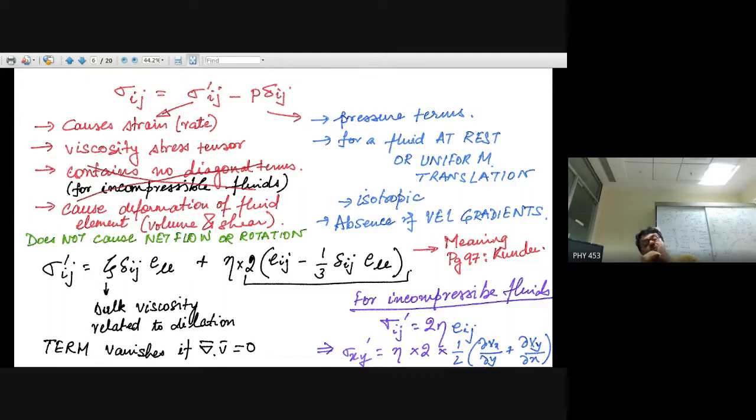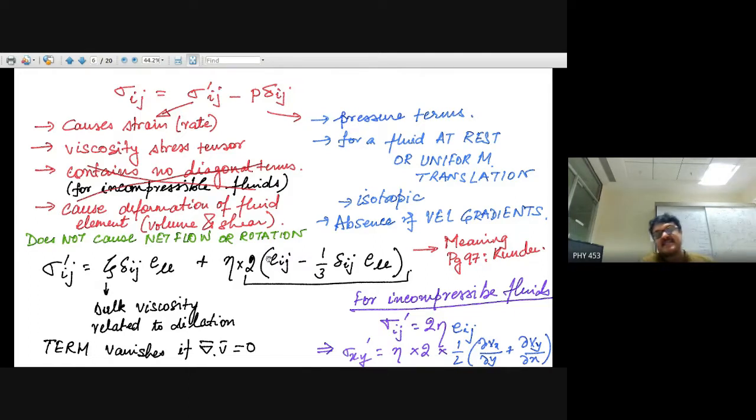which contributed to volume change, which is the diagonal parts. And the velocity gradient tensor could be written in a way so that this part, the so-called deviatoric part of the velocity gradient tensor, was associated with velocity gradients which did not contribute to volume changes.